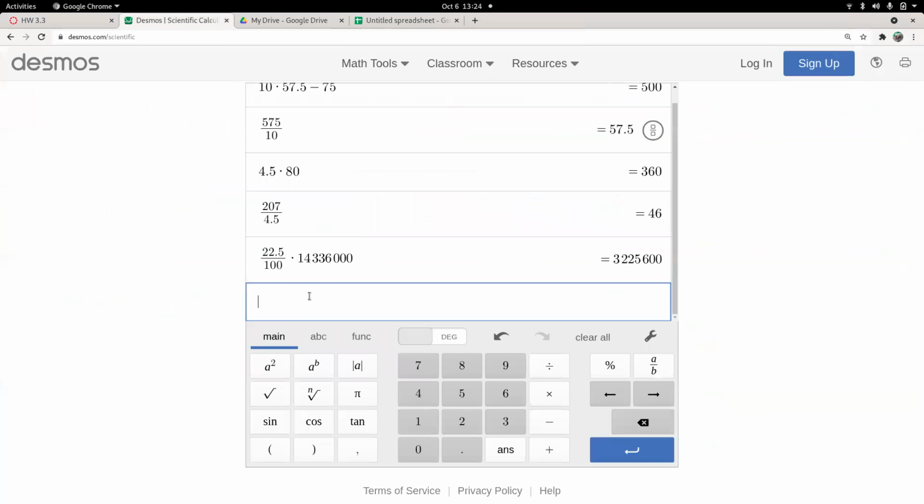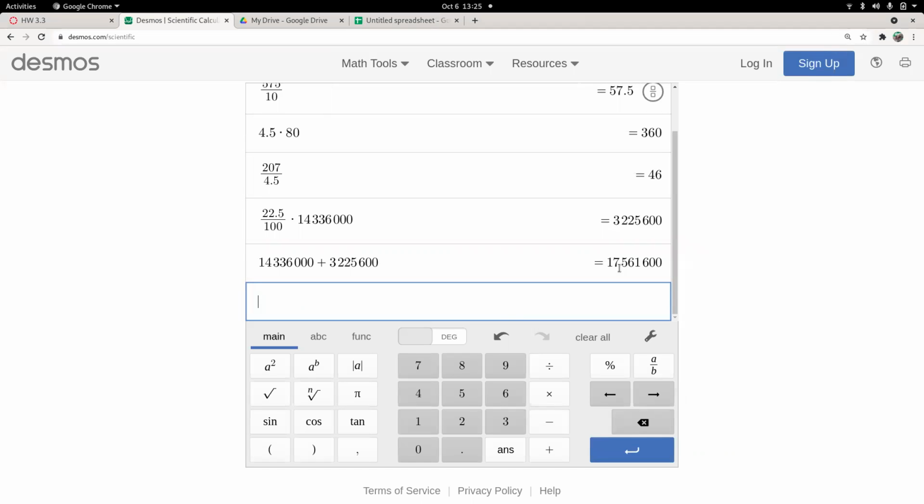All right, so I started with 14,336,000, and I'm adding on the increase that I calculated based on the percentage, 3,225,600. This tells me that there should be 17,561,600 in 2018.